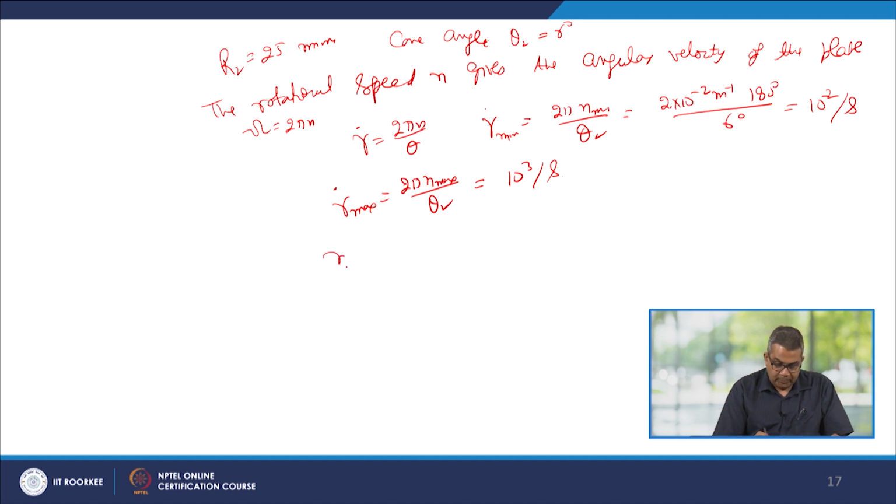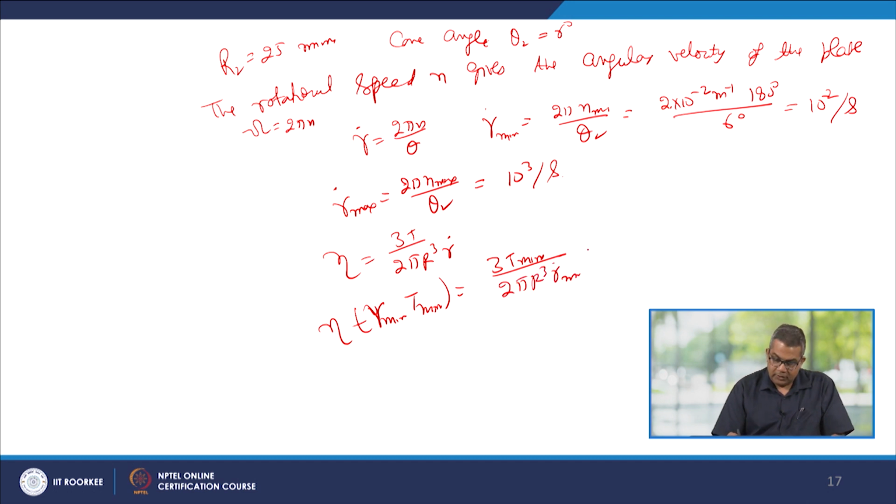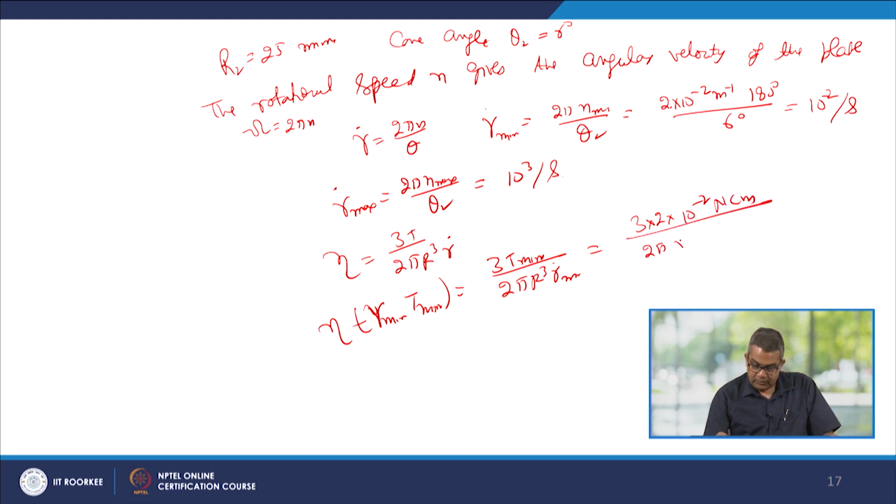So the viscosity can be given as eta is equal to 3T over 2 pi R cube gamma dot. Eta at gamma dot minimum, T minimum, is equal to 3T minimum over 2 pi R cube gamma dot minimum, which is equal to 3 into 2 into 10 to the power minus 2 over 2 pi into 2.5 cube meter cube into 0.01.